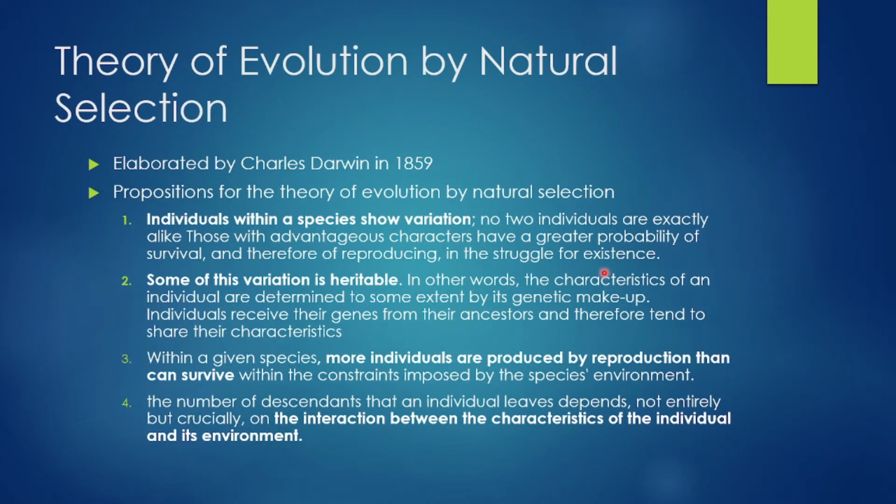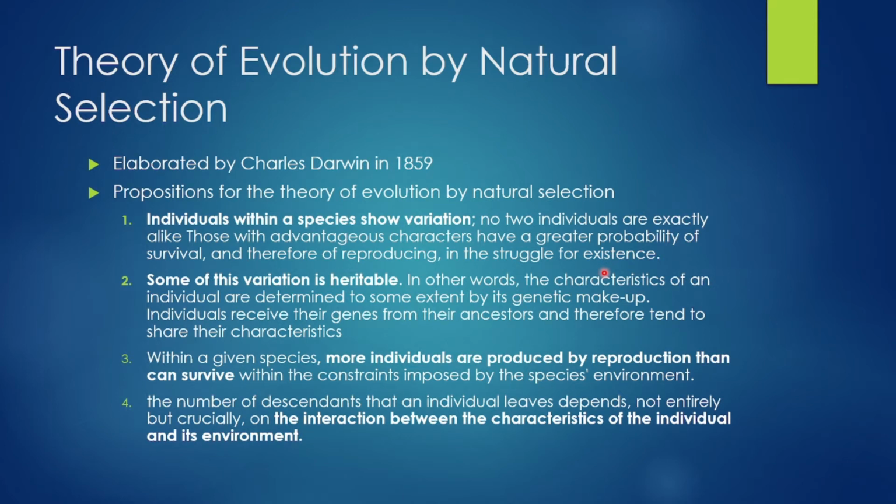There are four propositions when it comes to the theory of evolution by natural selection. The first one is that individuals within a species show variation. So that means that no two individuals are exactly alike. Those with advantageous characters have a greater probability of survival and therefore of reproducing in the struggle for existence.